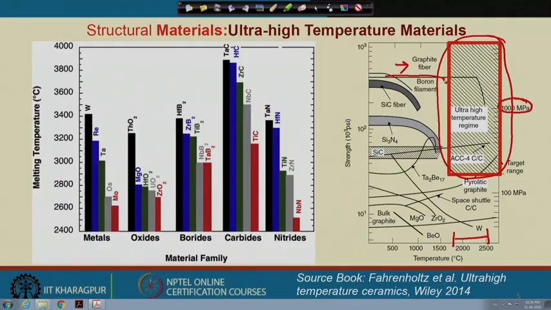Maybe beyond the earth atmosphere it may survive at higher strength, but not in presence of oxygen. So, we need a mechanism to protect those graphite fibers even though it is used in a composite. Protection means I am talking about high temperature oxidation protection.